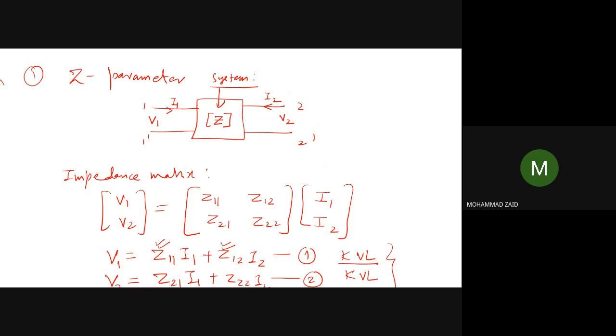Because you are open circuiting the port for calculation of these parameters, these Z parameters or impedance parameters are also known as open circuit parameters.